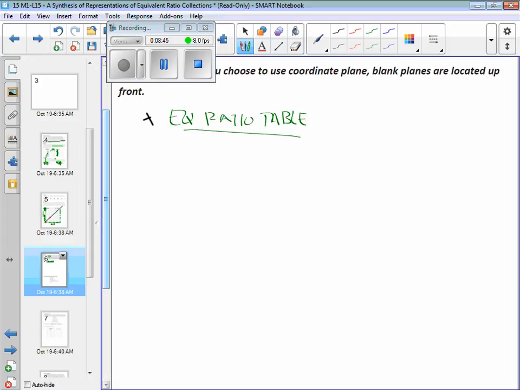Equivalency ratio table. Hours, views. Those are the values that they give you already, right?